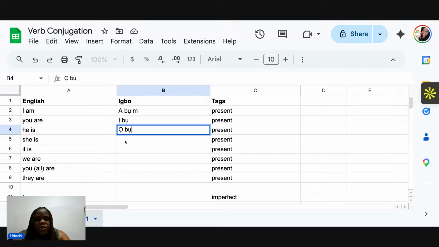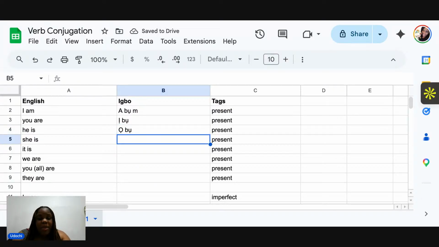And one thing with Language Lord's spreadsheet is that he actually did not include the version of I am that is like de instead of bu. I don't know what you would call it. Is it present continuous, present perfect? Those types of things.